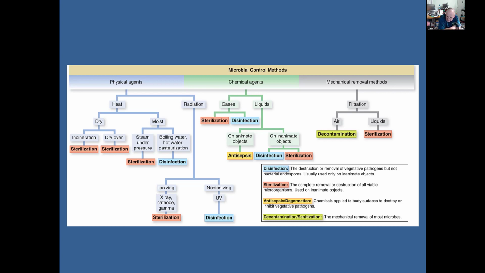Things that clog pores, it just kind of washes it around, and so you'll get at least some filtration going on. So it depends on the pore size, 0.45, 0.22 micron, those sorts of things.